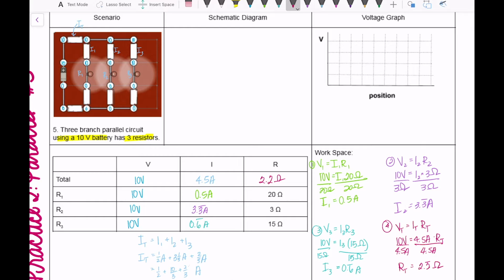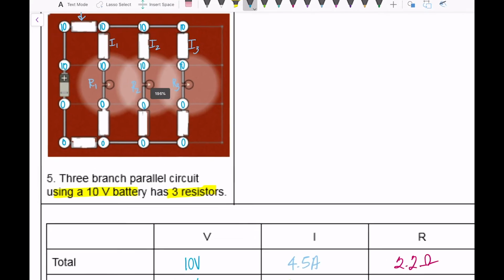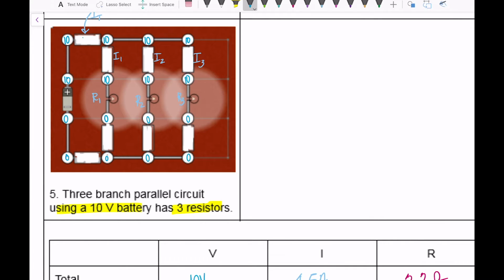And now we can fill out our diagram here. We know our total is 4.5 amps, and this is 0.5, this is 3.3 repeating, and the third one is going to be 0.6 repeating.